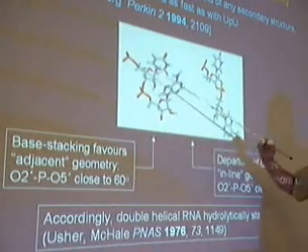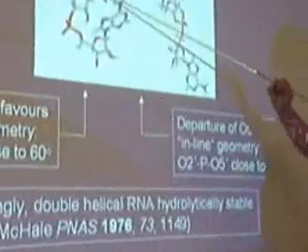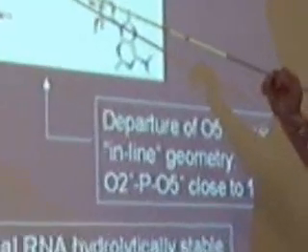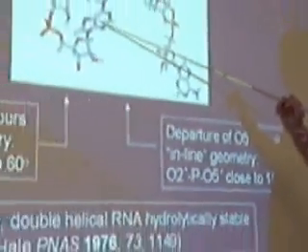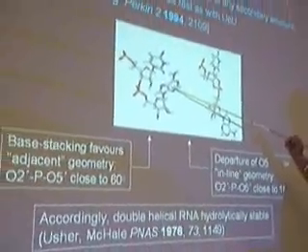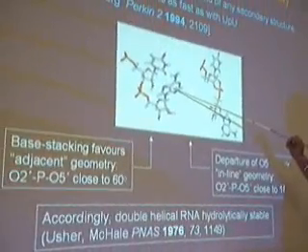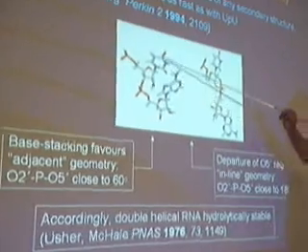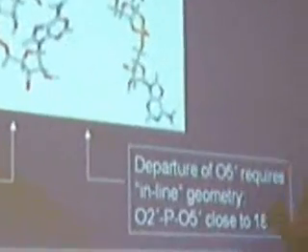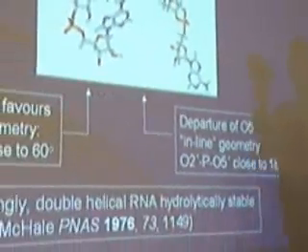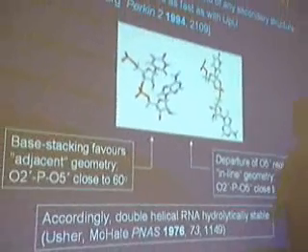But now, if we have an interaction between the bases, as for example in double helical nucleic acids, as in double helical DNA, also RNA can be double helical, which means that between the bases there is a stacking interaction. They partly tend to overlap each other.